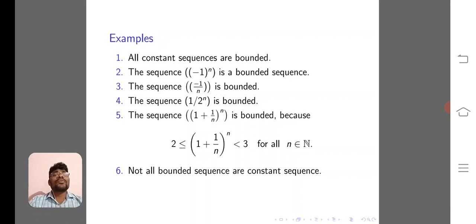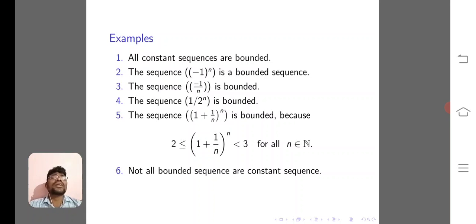Consider another example, (1 by 2) to the power n. Put n equal to 1. The first term is 1 by 2. Put n equal to 2. The second term is 1 by 2 square, that is 1 by 4. It is decreasing. Put n equal to 3. It gives 1 by 2 cube, that is 1 by 8, decreasing. All are decreasing, and all terms are positive. So 0 is less than or equal to (1 by 2) to the power n. 0 is a lower bound here because all are greater than or equal to 0.